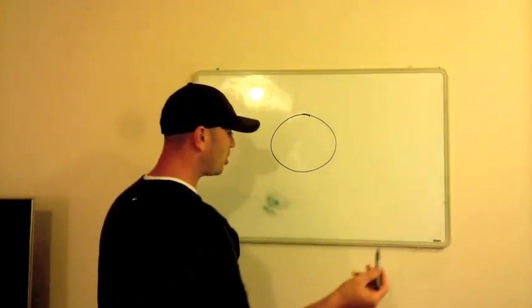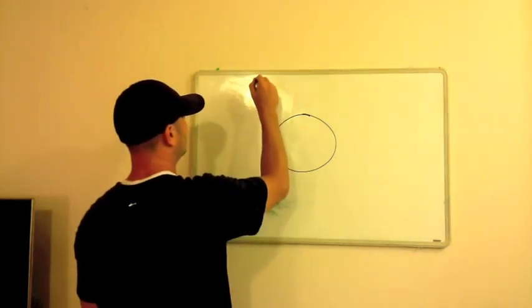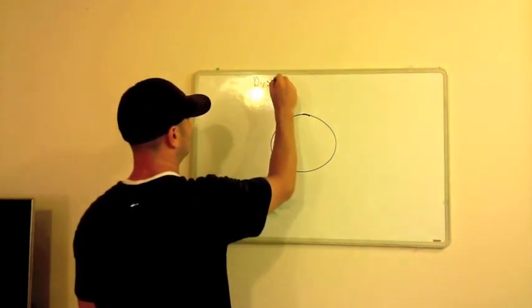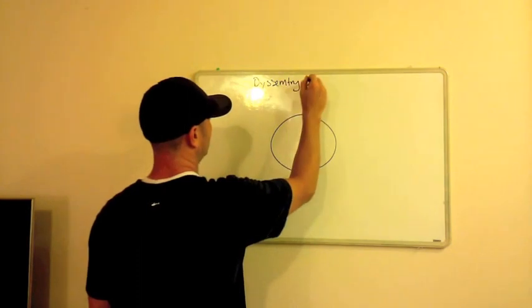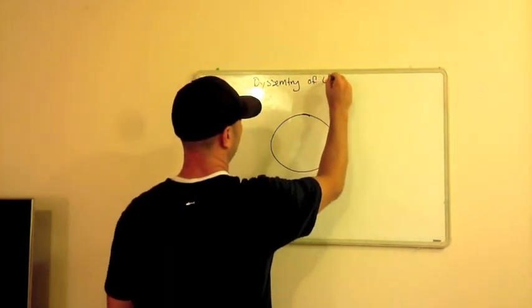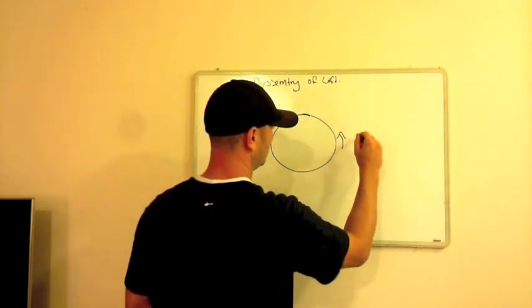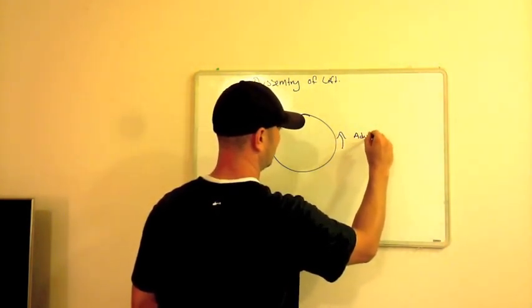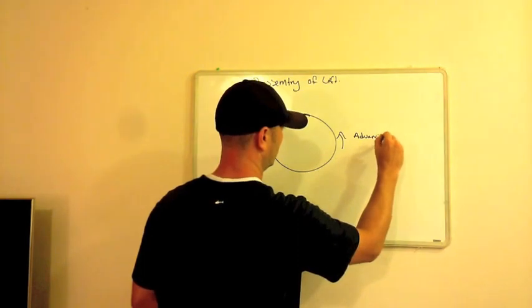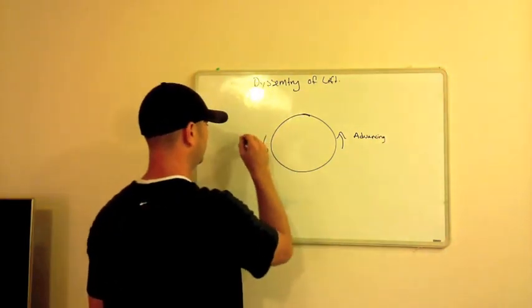And there are two parts to dissymmetry of lift. There's an advancing side and a retreating side.